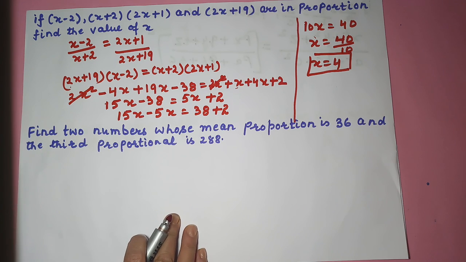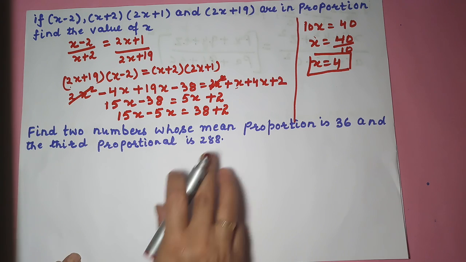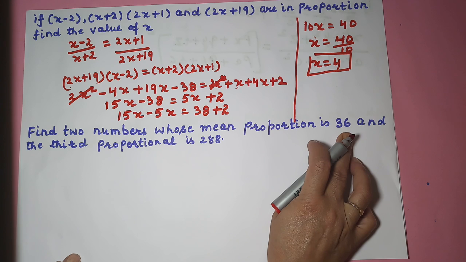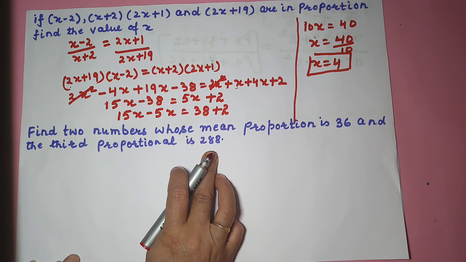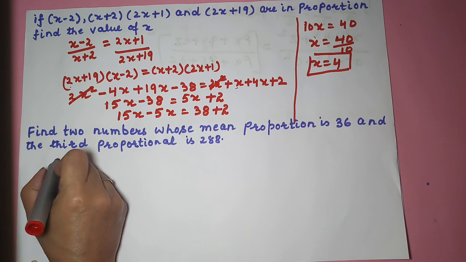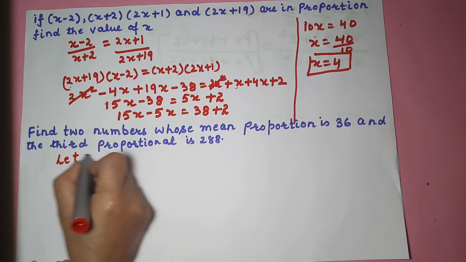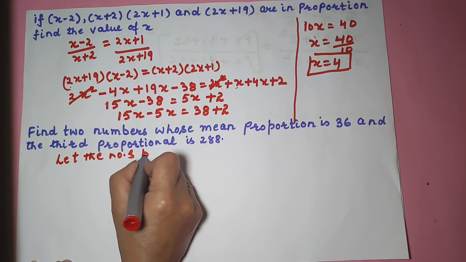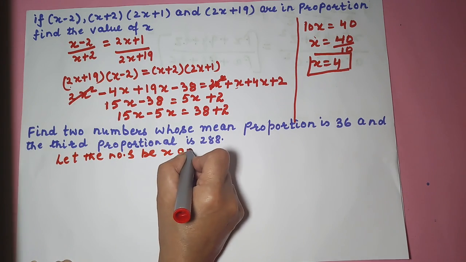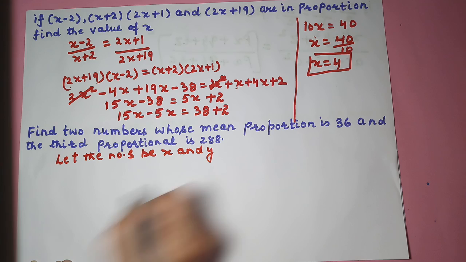Now, another type. Find two numbers whose mean proportion is 36 and the third proportional is 288. So, let's assume that the two numbers be x and y. Right?